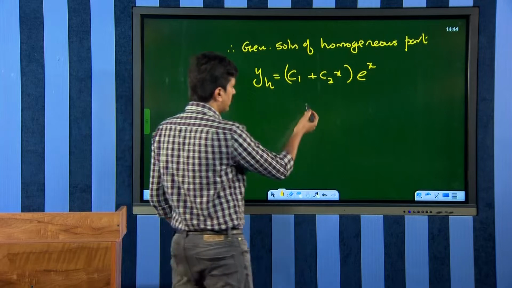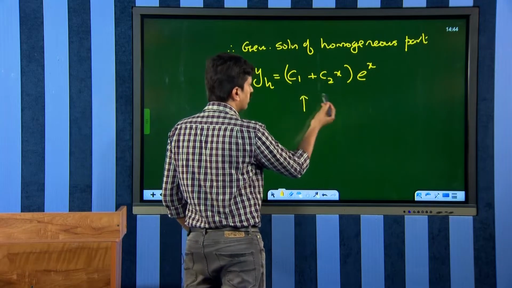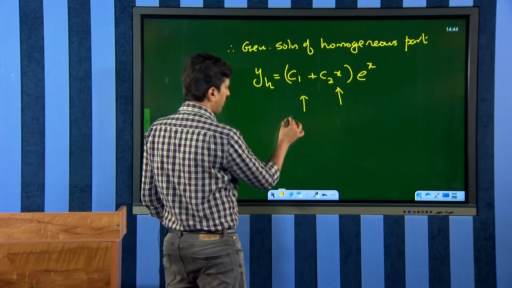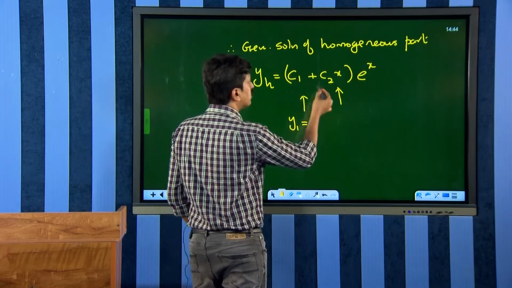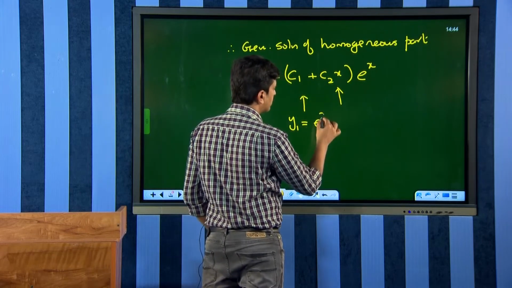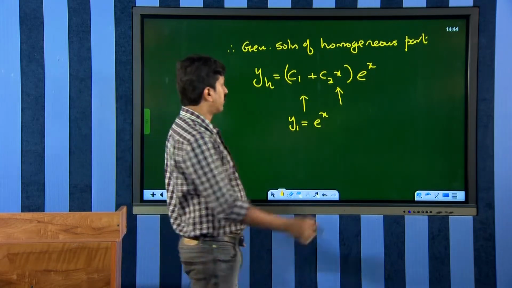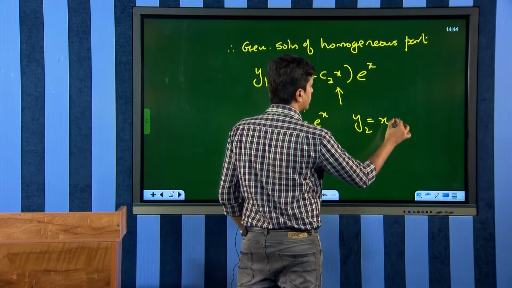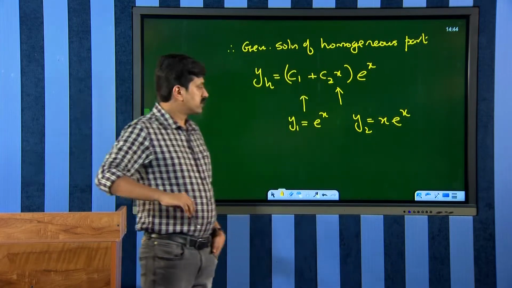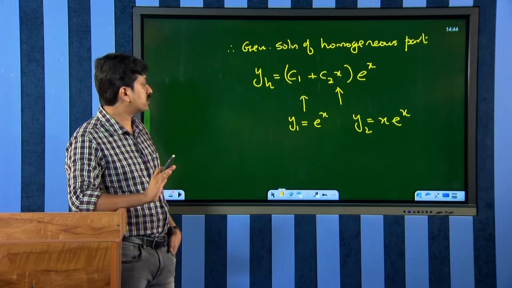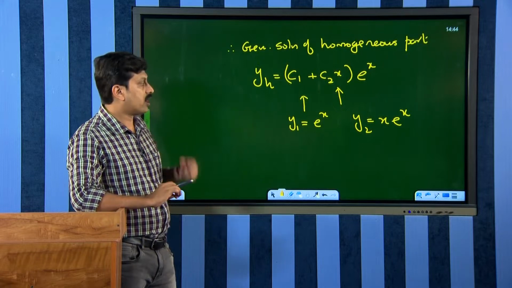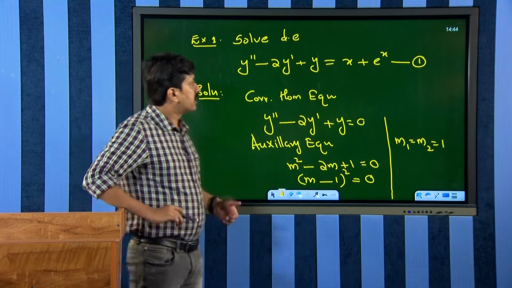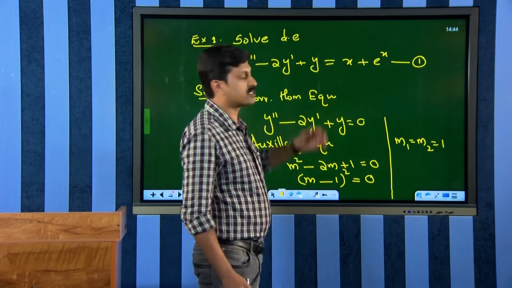Here we have two solutions corresponding to the homogeneous part: y1 is equal to e raised to x, and y2 is equal to x e raised to x. Now come back to our r of x, which is x plus e raised to x.